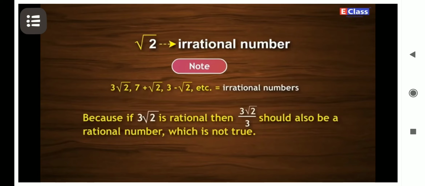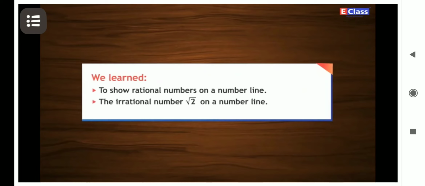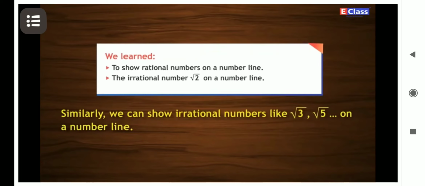Because if 3 square root of 2 is rational, then 3 square root of 2 by 3 should also be a rational number, which is not true. We learned to show rational numbers on a number line. We have shown the irrational number square root of 2 on a number line. Similarly, we can show irrational numbers like the square root of 3, square root of 5 on a number line.